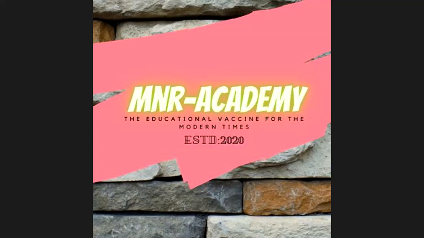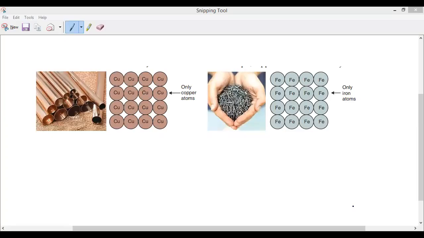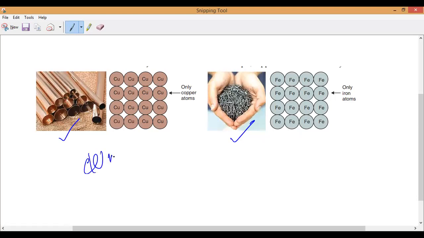The two are called elements. Why should we call them elements? Here you may observe. I am showing you the two metals. One is copper metal and this is called iron metal. Why is this called an element? Because it contains only copper atoms. Iron nails contain only iron atoms.